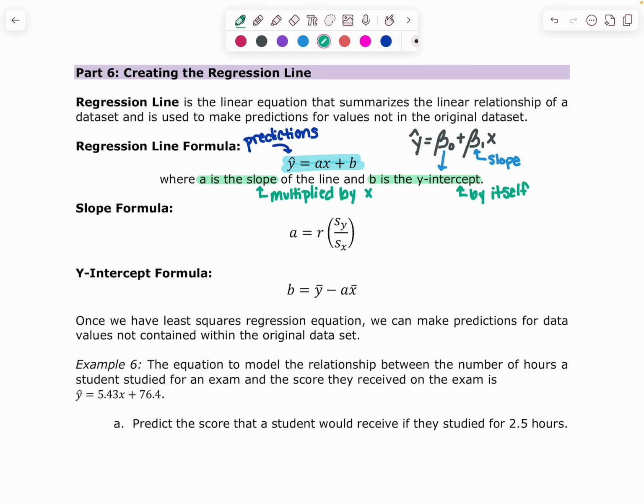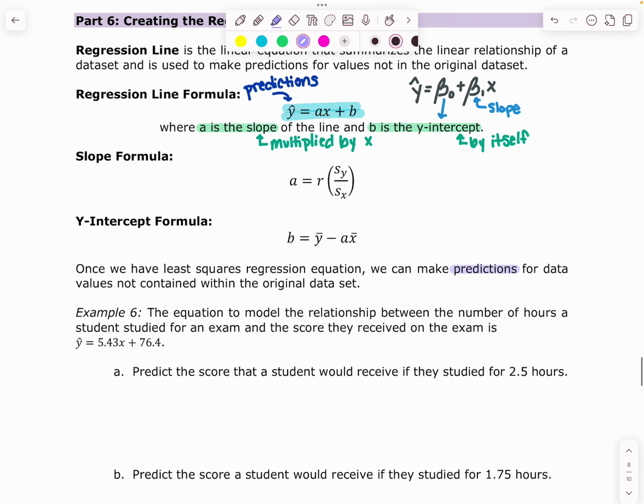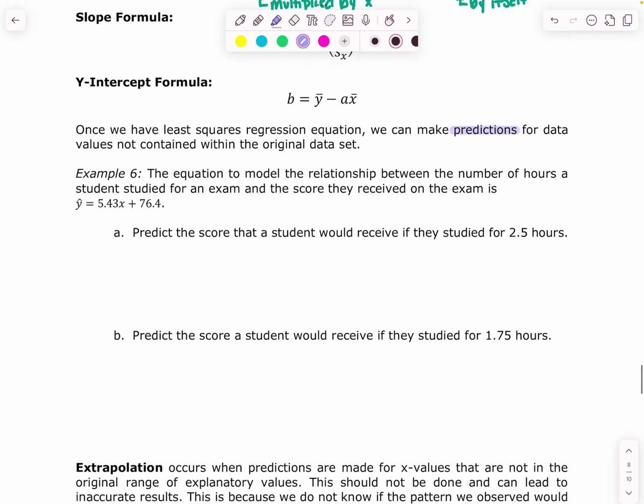But once we have this formula, we've taken our data set, we've determined we have a linear relationship, we've calculated the slope and the y-intercept, and we have an equation, we can use that equation to make predictions. And that's really what we want to do. So that's what I have an example of down here.